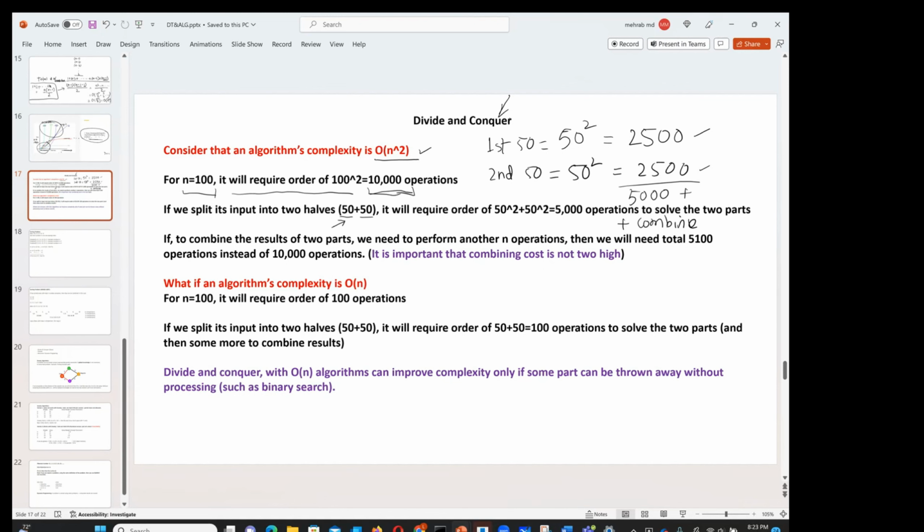Say, just as an example, combining the results takes 100 more operations. So in that case, to solve the whole thing, how many operations did I need? 5,000 plus 100, which is 5,100 operations, right?